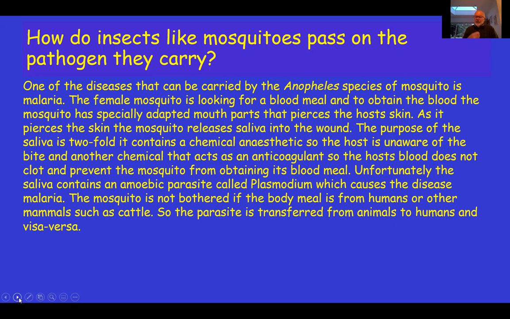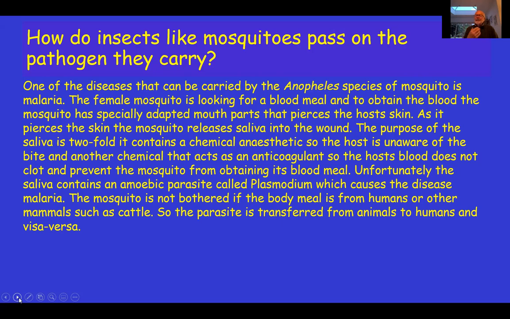Okay, now, so they're looking for a blood meal so that it can feed. Now, they have specially adapted mouth parts. They're almost syringe-like because they pierce the skin, and cleverly, as it pierces the skin, it releases saliva into the wound. Now, the purpose of the saliva is twofold.